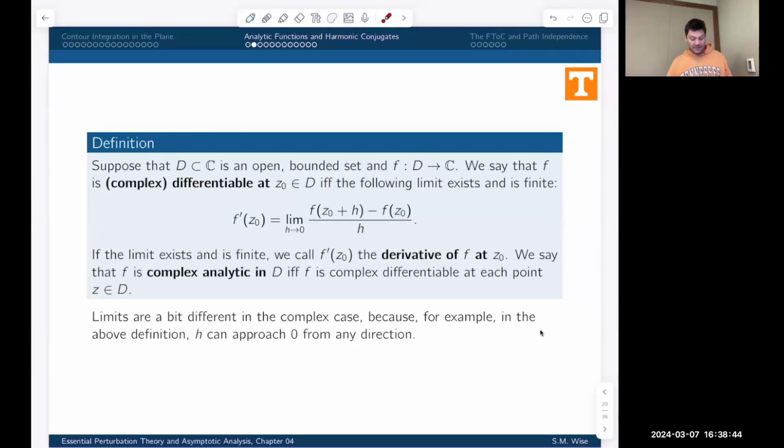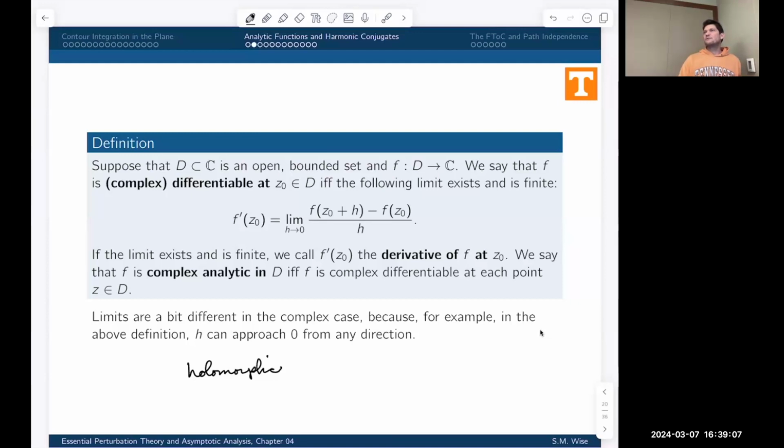When you say that something is differentiable, you can say it's complex analytic, but other people use different words for this. Holomorphic is a common one. How many of you have heard of holomorphic before? Is that more widely used?